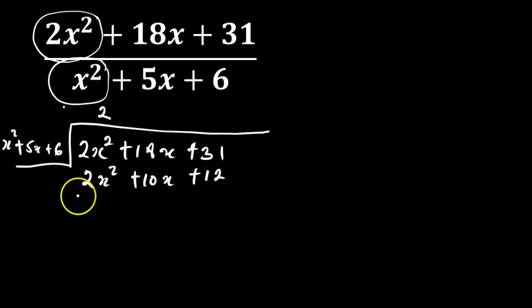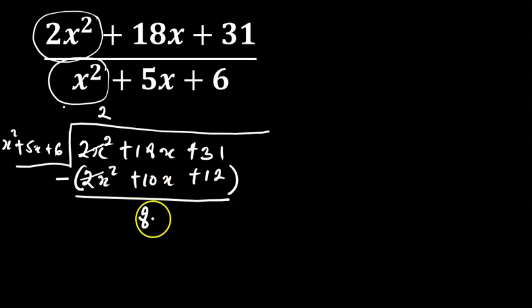Now, like every long division, we have to subtract. 2x squared minus 2x squared becomes 0. 18x minus 10x, I'll be left with 8x, and 31 minus 12, I'll have 19.